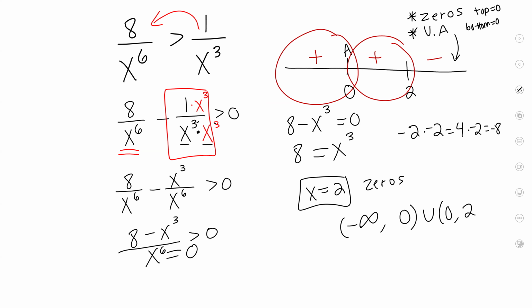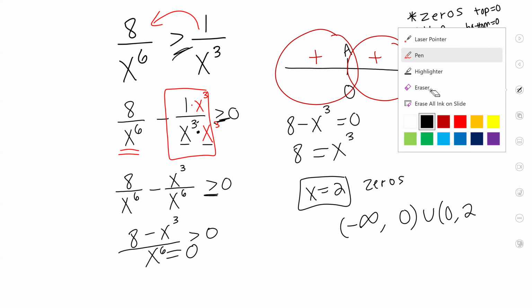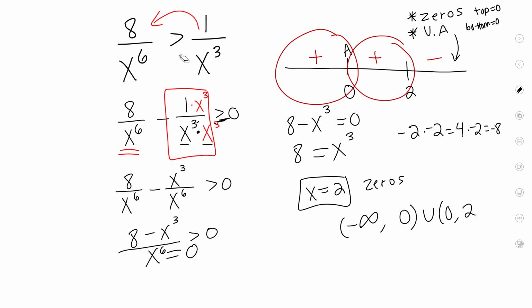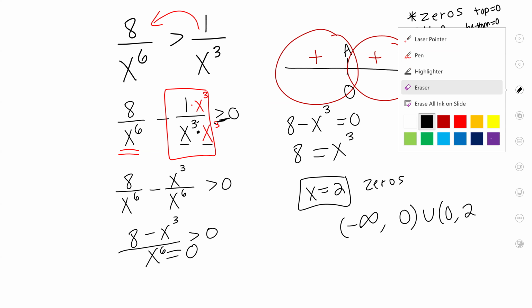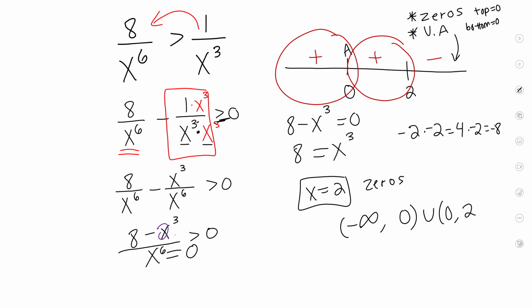You should be saying no because there's no equal sign on these. These are only greater than, so we cannot equal 0. If you plugged in a 2 right here, you would get 8 minus 8, which is 0. We don't want to equal 0. So I'm going to have a parenthesis on the 2. And this is your answer.